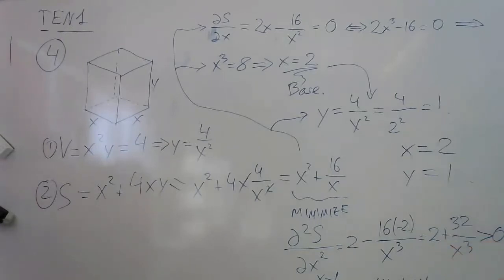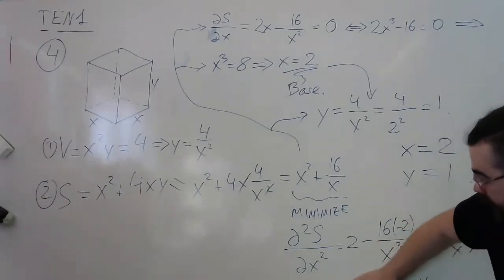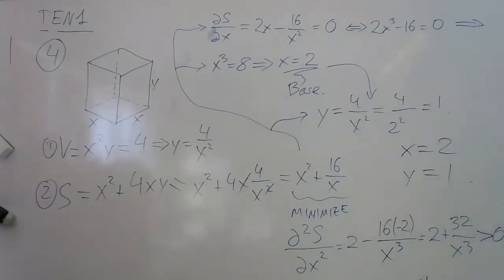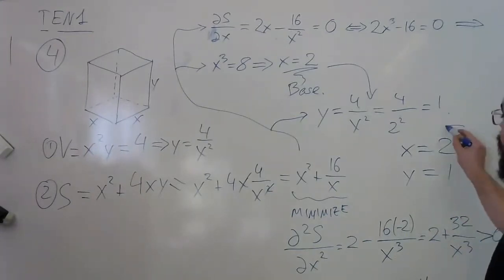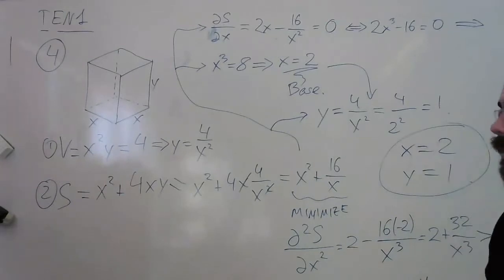But wait, sorry, you can't see this. I just said that this point gives us minimal area. However, what's the question? The question is, what should the height be? The height should be 1.